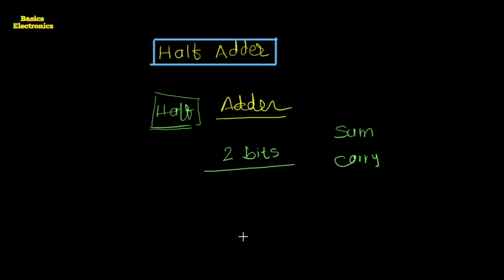Now, for better understanding of the half adder, first we have to do one addition. For example, suppose we have two binary bits. The first binary bit is 1 and the second binary bit is also 1. 1 plus 1 is equal to 10.